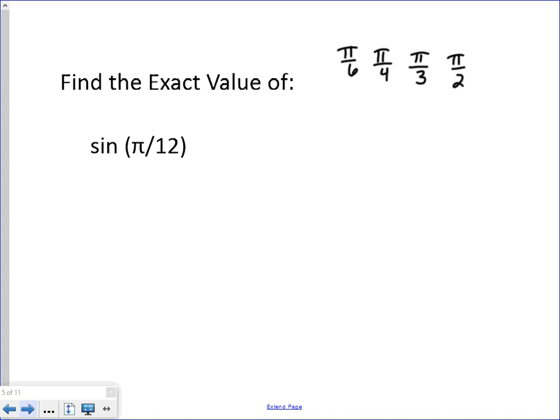Can you take any two of those angles, add them together, or subtract them, and get pi over 12? So talk to your group members. How would you find out if adding or subtracting any of those two angles would get me pi over 12? Can you come up with a pair?